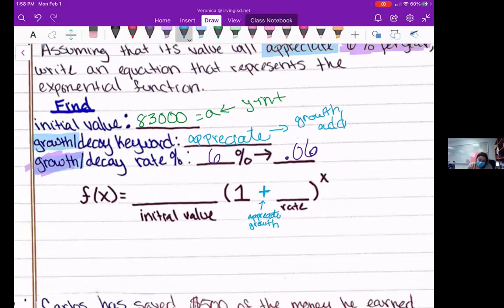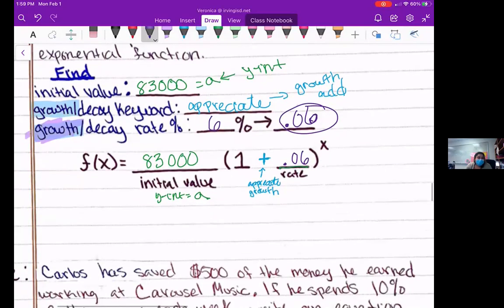Now remember, your initial value is also your y-intercept, which is your A. And your A is what you started with, so 83,000. So we have what we started with, and then 1 plus whatever your rate is. Your rate is right here, so 0.06.